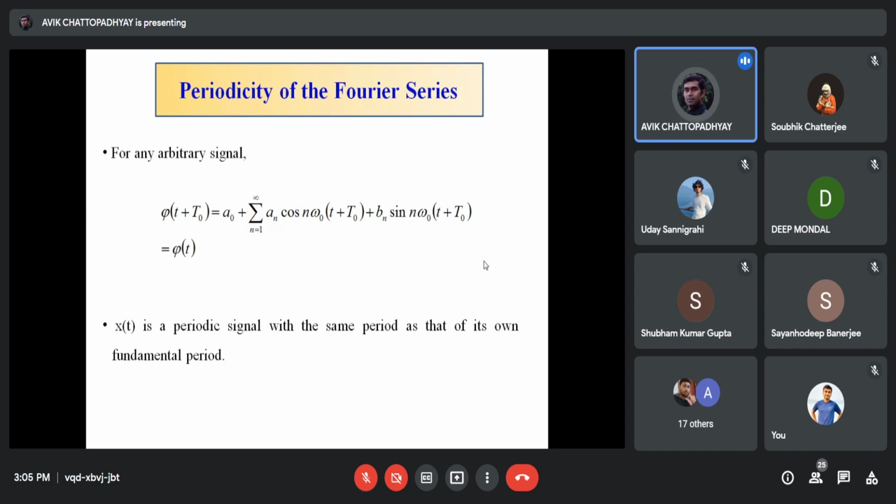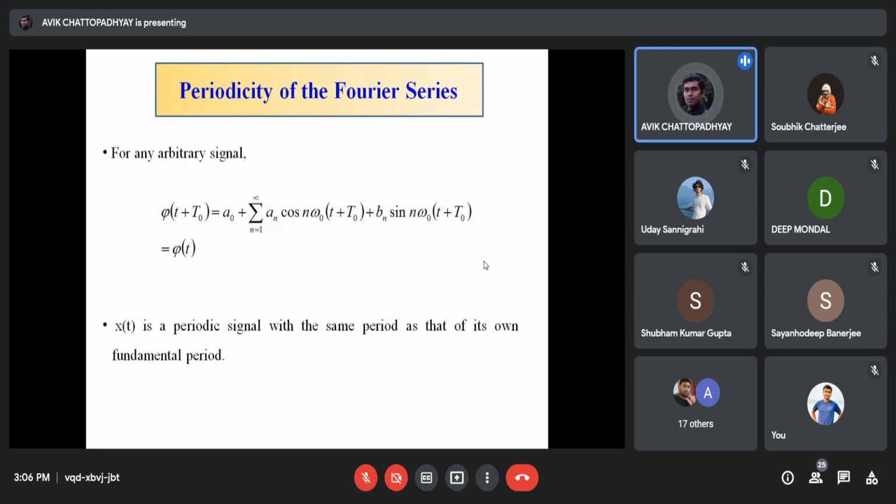That means any signal f of t can be written as f of t plus capital T, where capital T is the period, and t naught may be the minimum value of that period which satisfies the condition of periodicity.